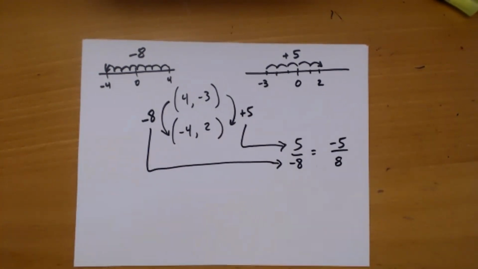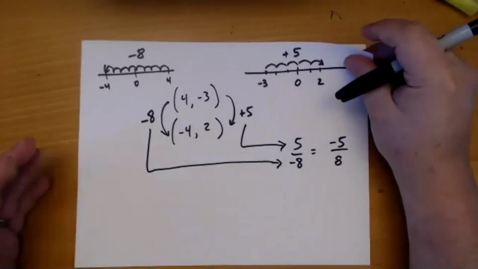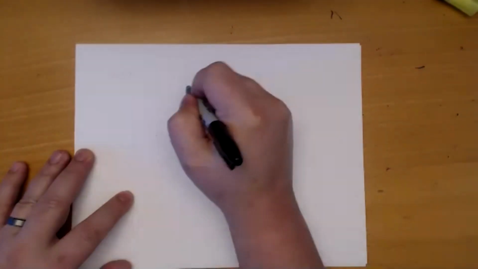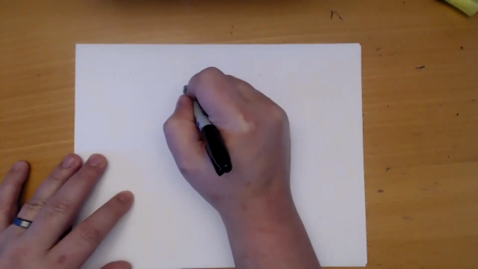So it's like, if you were walking on that number line, how far do you walk? Do you walk up or down? Are you getting bigger or smaller? Are you walking left or right? That's the way to think about it. So let's do one more, maybe two more.